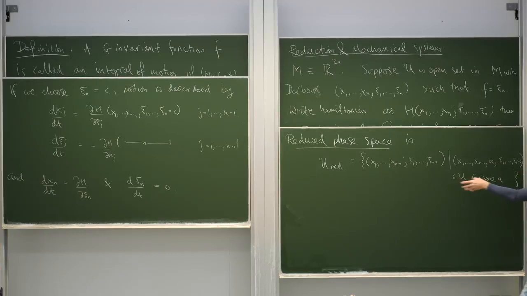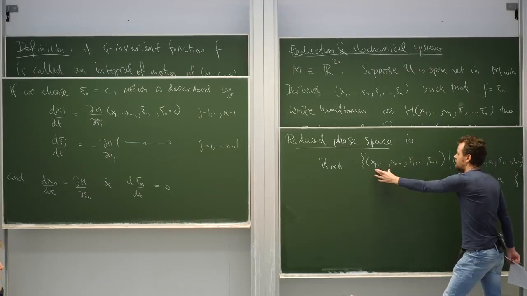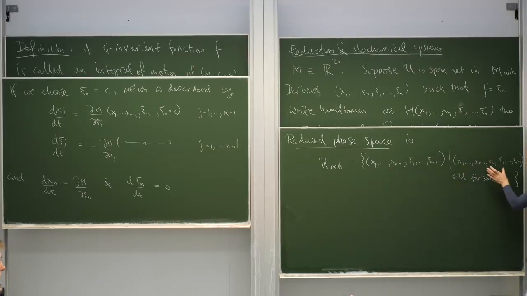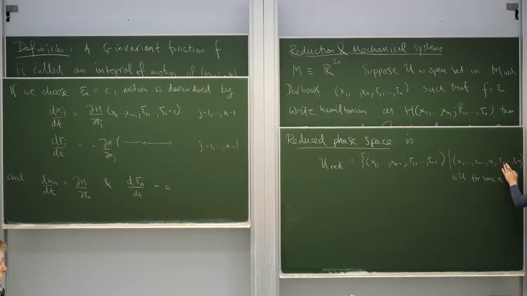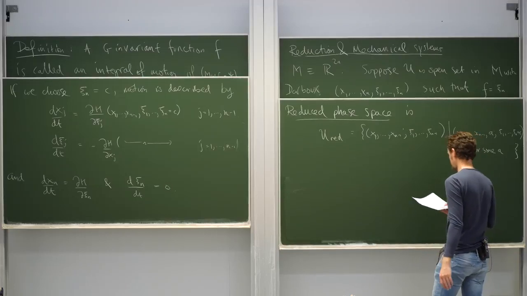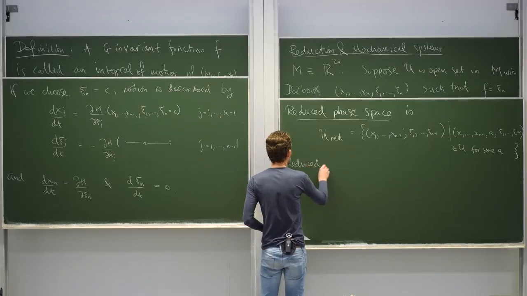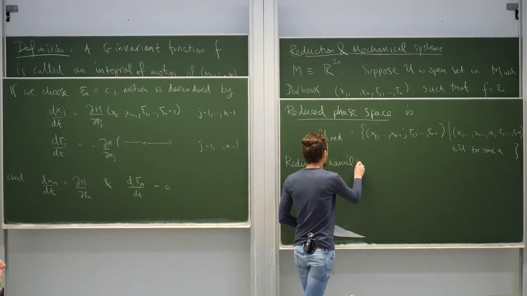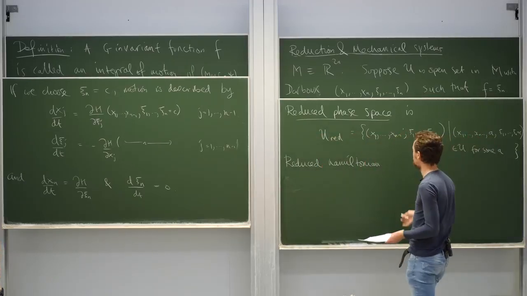So we define a new open set in a lower dimensional symplectic manifold by the condition that these coordinates here have this form here in the original manifold. So you're allowed to put any old a you like for the nth coordinate as long as this tuple lies in the original open set U. And we can define a reduced Hamiltonian that only depends on the reduced number of coordinates.